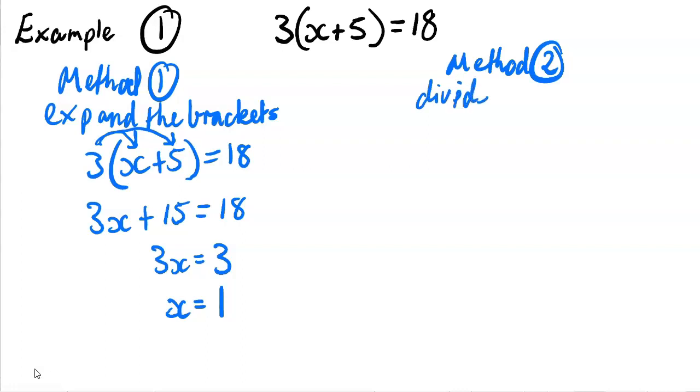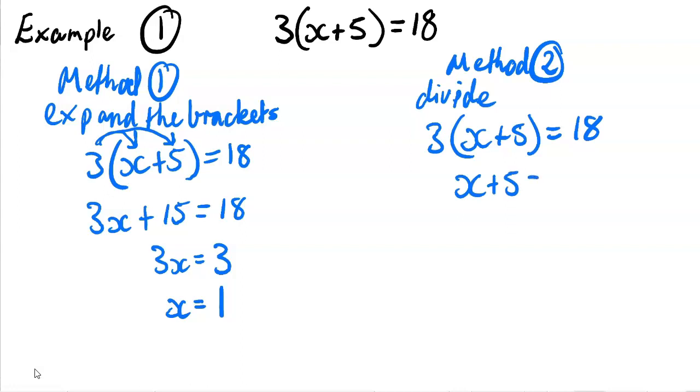do a division, you divide. Now, as this equation is 3 times x plus 5 equal to 18, that means all of this has been times by 3. So how do you undo timesing by 3? That's right, you divide by 3.